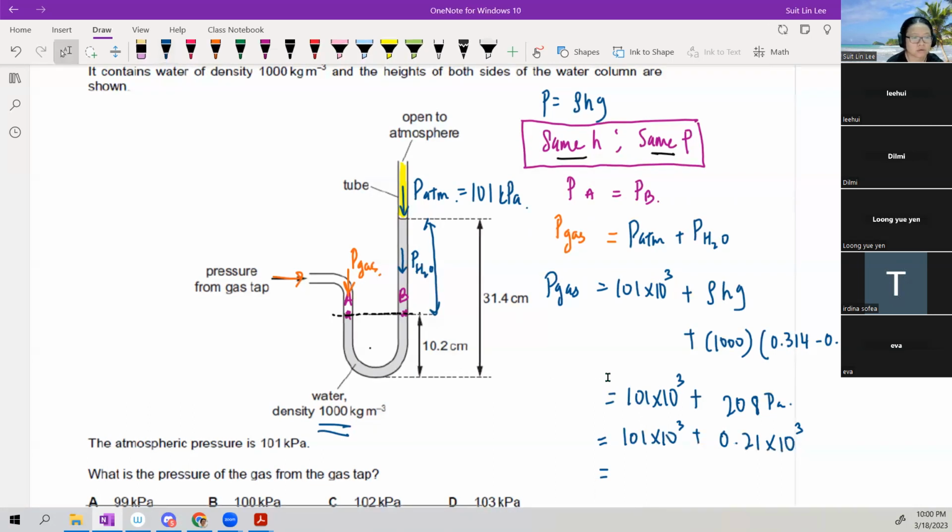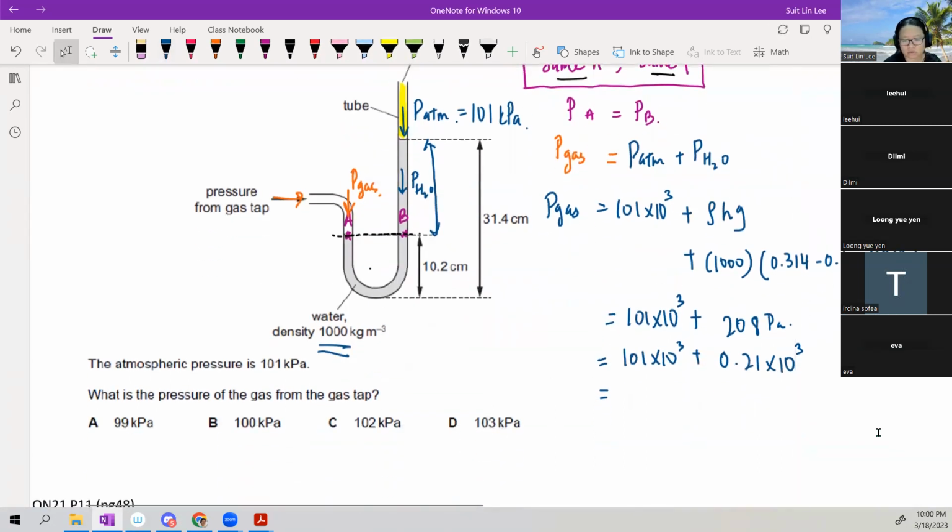Okay. Right, 101 to the power of 3. We don't expect water to have much pressure compared to the atmosphere. Done.